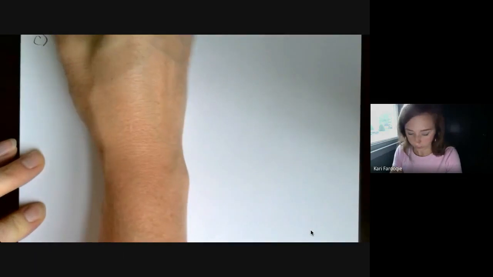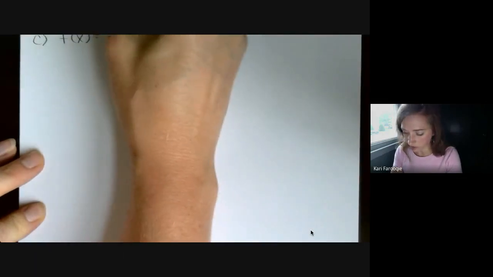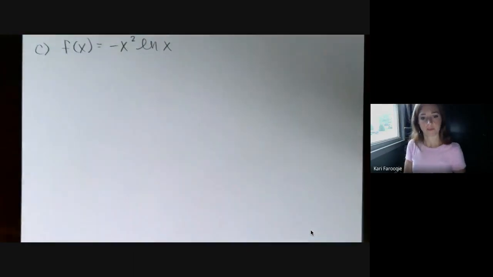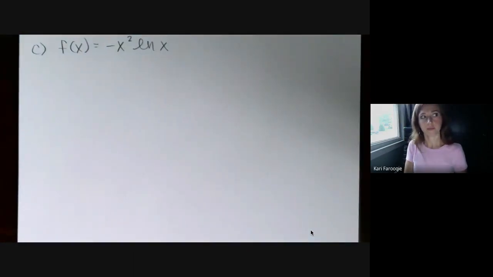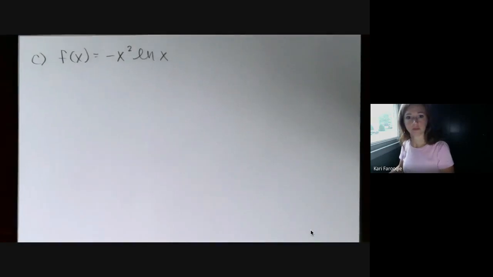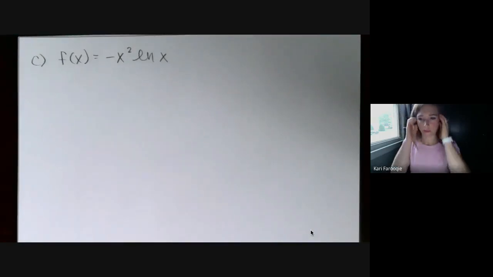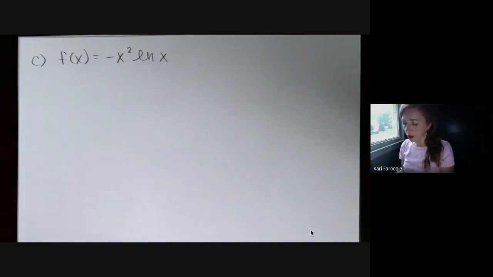All right, the last one we'll do is f of x equals -x squared ln x. Remember, we need to talk about the domain, and we're restricted by the most restrictive function here.